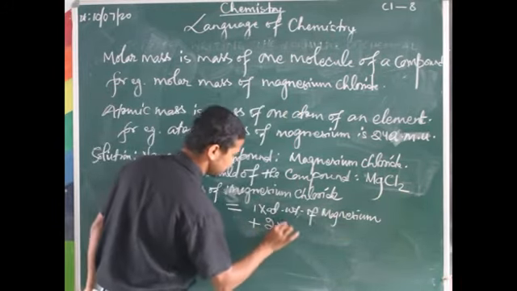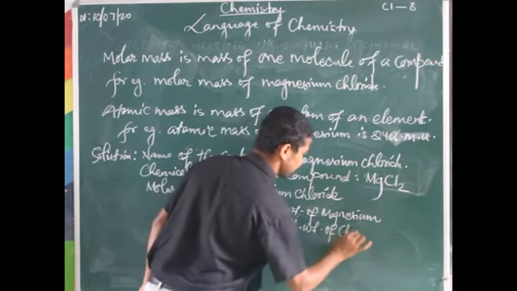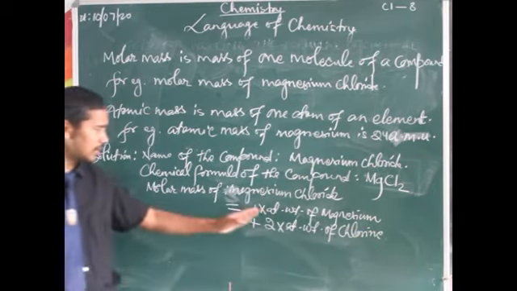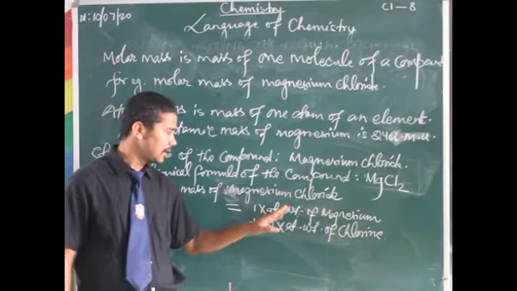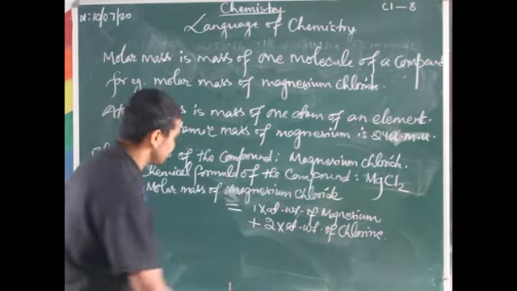So 2 into atomic weight of chlorine. That means we have to multiply atomic weight by the number of atoms.